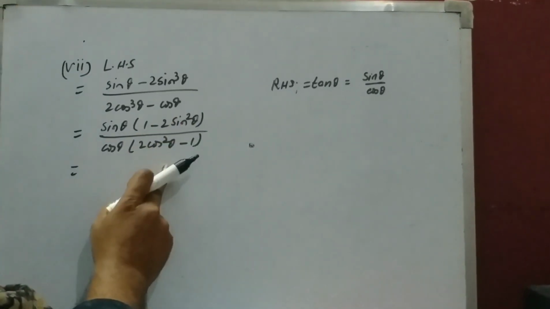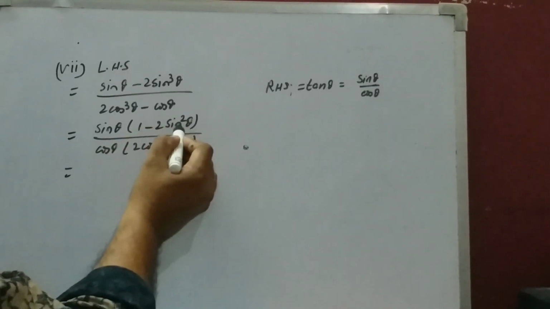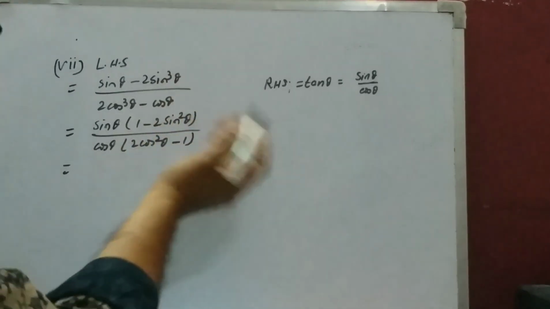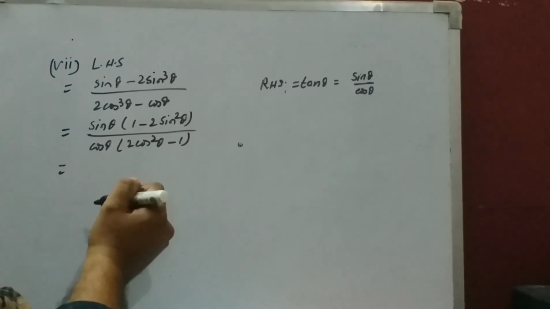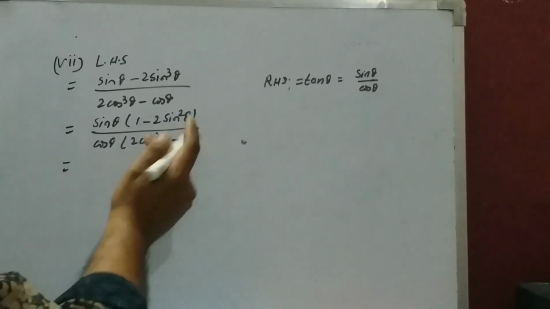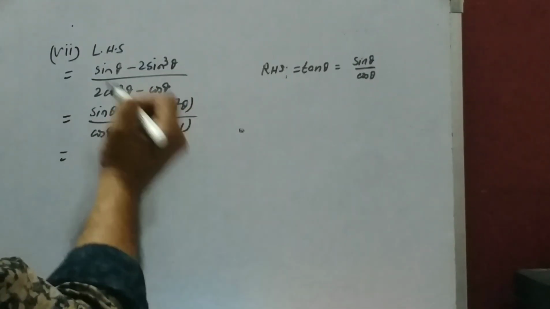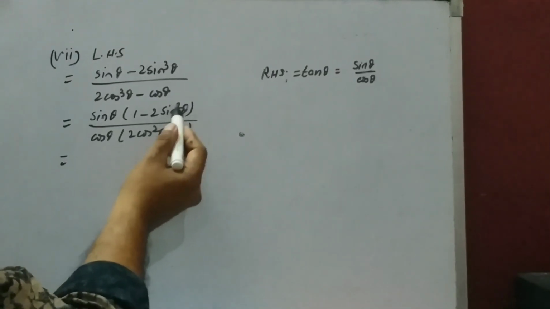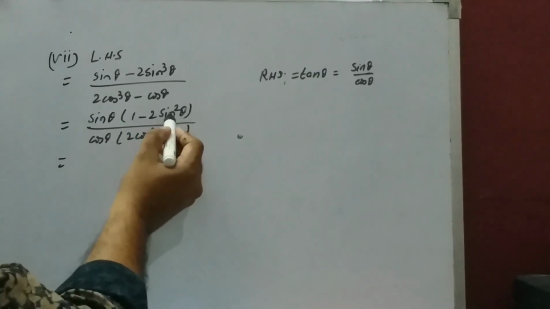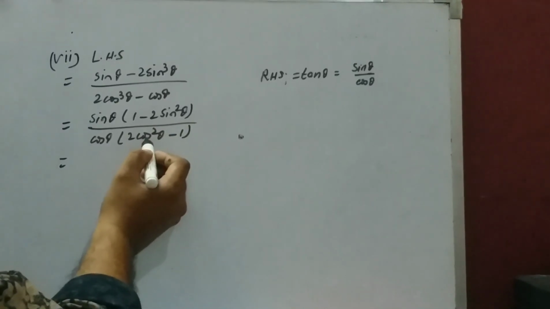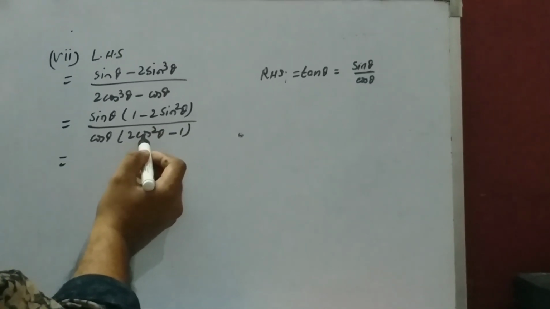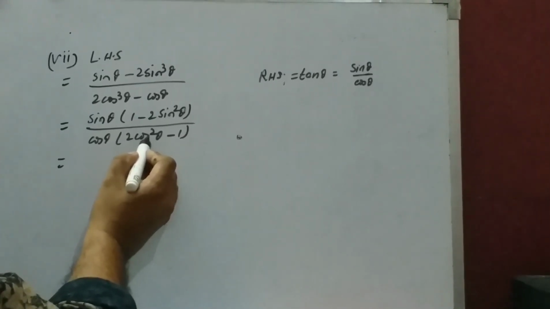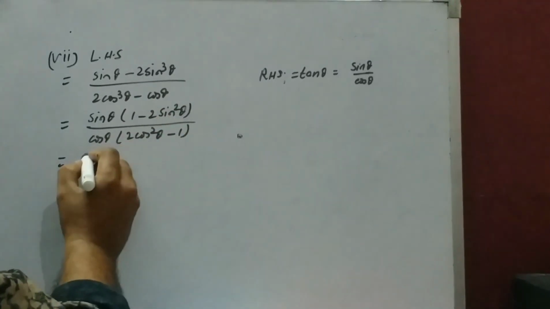This will be crossed out when you change sine theta into cos theta or cos theta into sine theta. So I am just changing here sine theta into cos theta, but you can also change cos theta into sine theta. I am doing it, and at home for your own practice you are requested to change this into sine theta. That will also be correct.